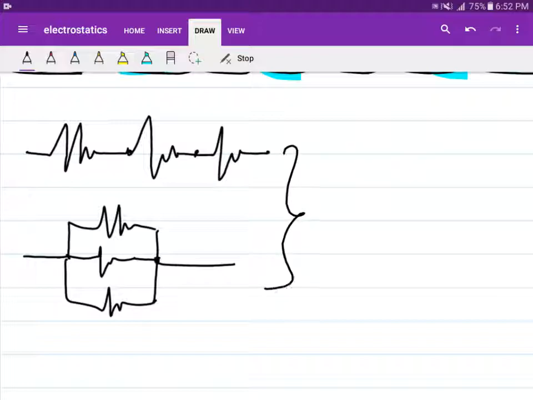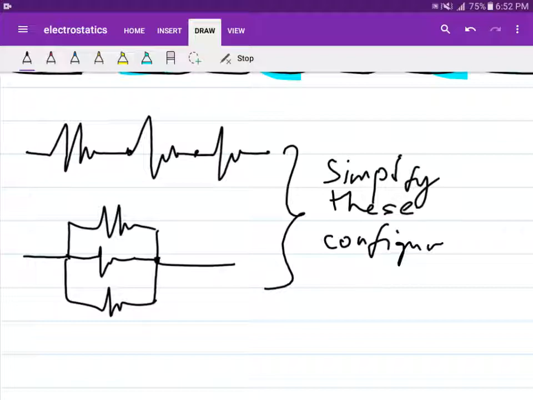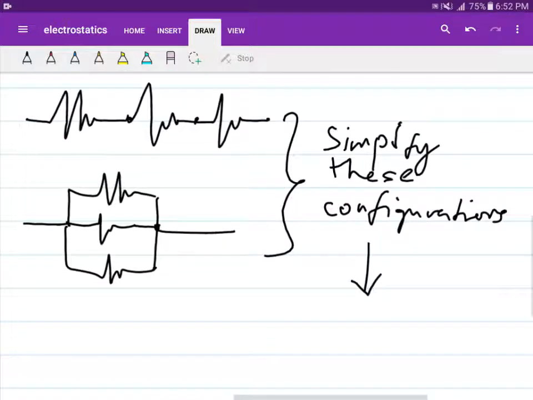So we want a method to simplify these configurations to a single resistor.